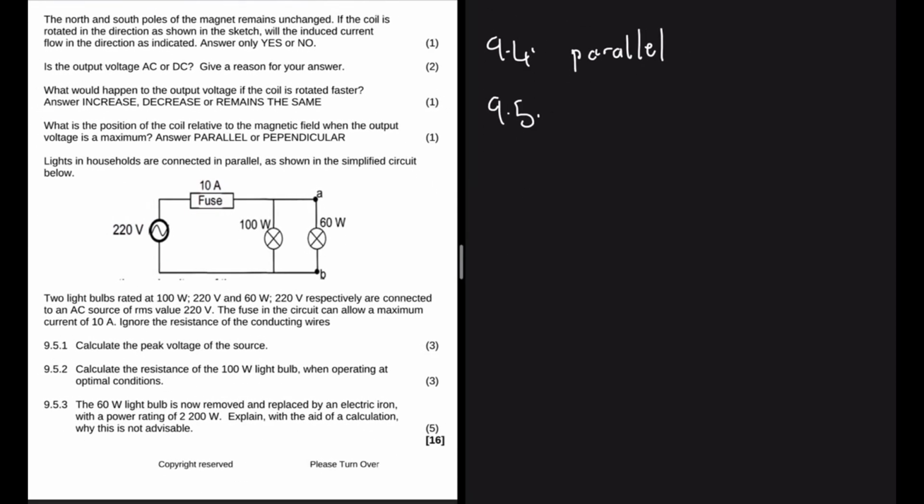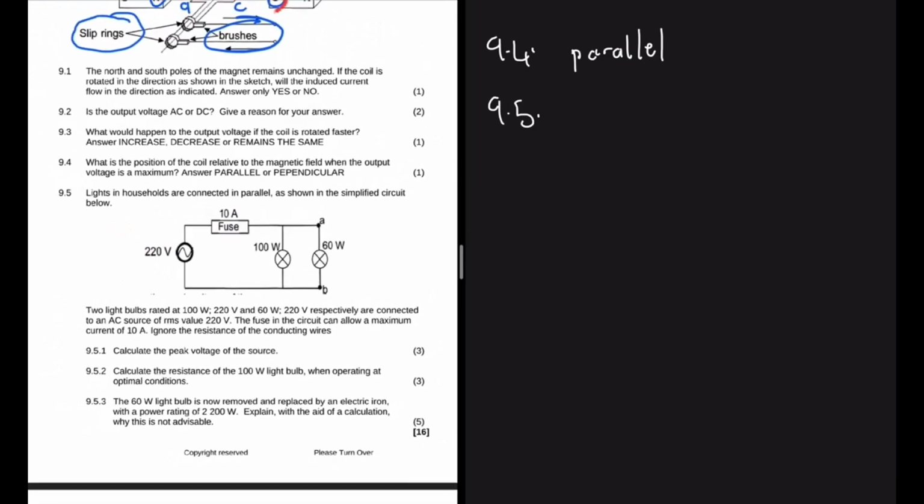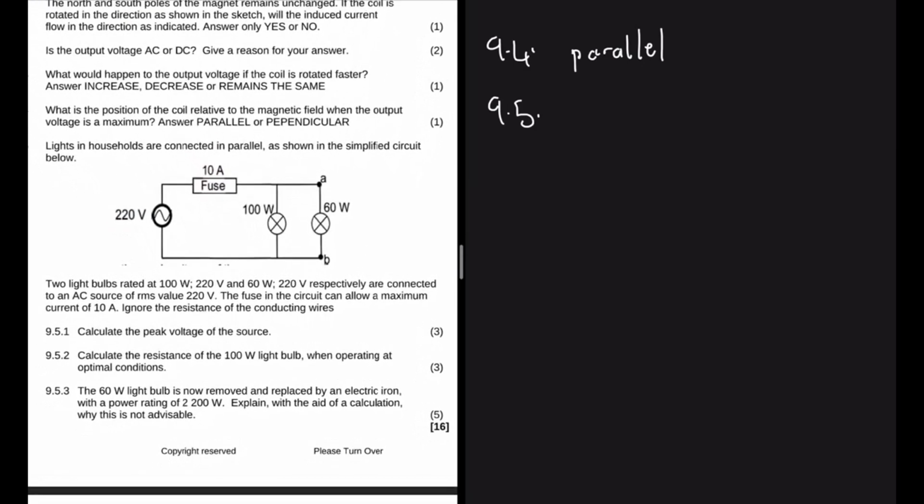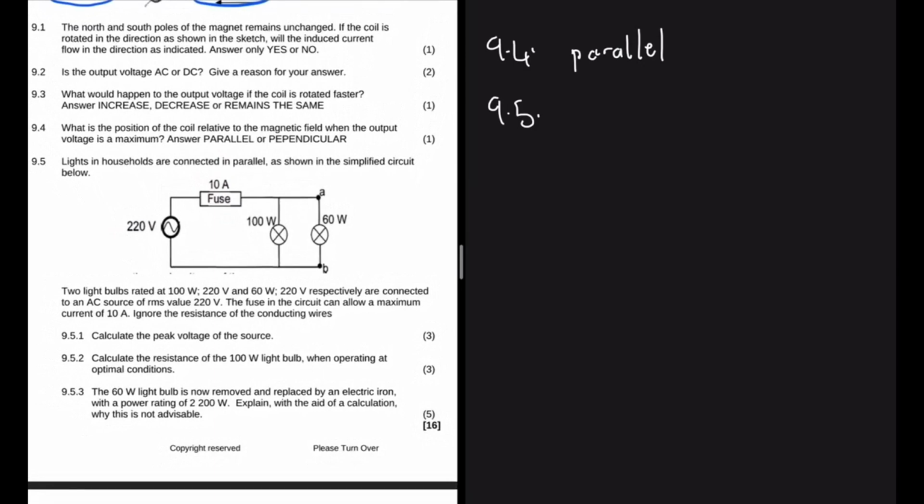We sort of are using electrodynamics and electrostatics at the same time, right? So here we're told that lights in a household are connected in parallel as shown in the simplified circuit below. So lights or any other appliances, they work as resistors, right? That's just something I want you to note.